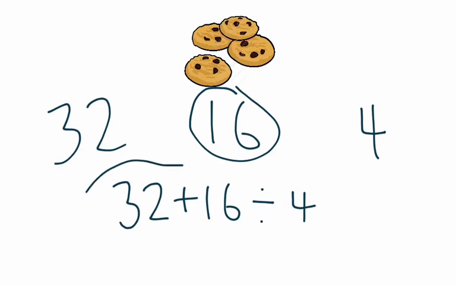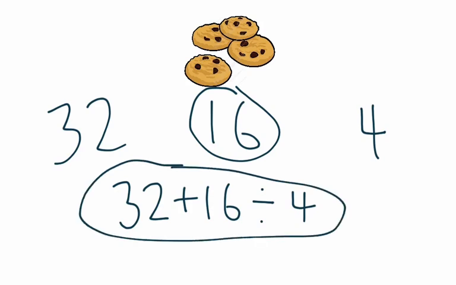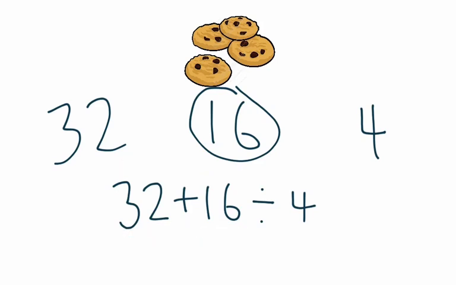Okay? Now, here's the key thing. When we look at this problem, we just automatically say 32 plus 16 is 48, divided by 4 is 12. But remember, we have to use order of operation. And in order to get our correct answer, we cannot do 16 divided by 4 first. We have to do 32 plus 16.